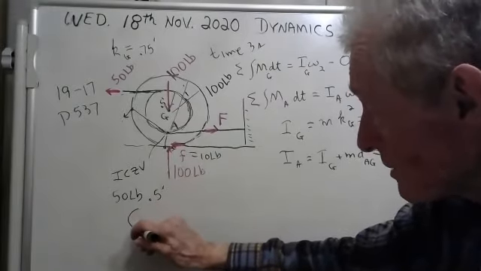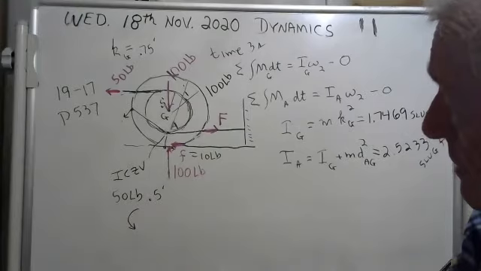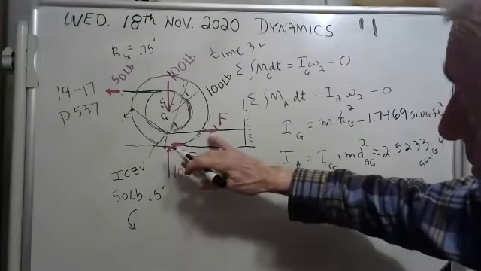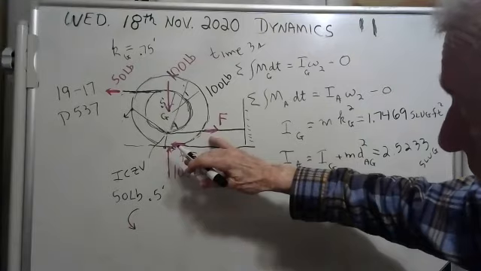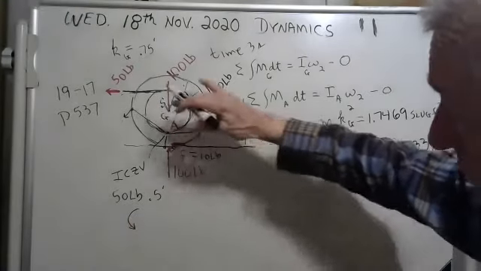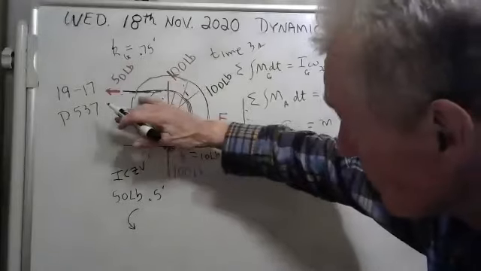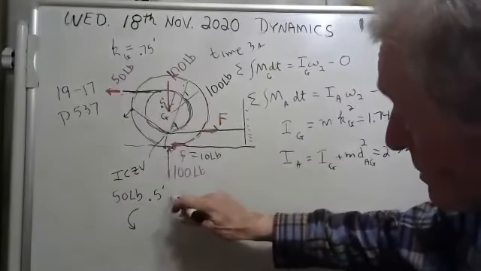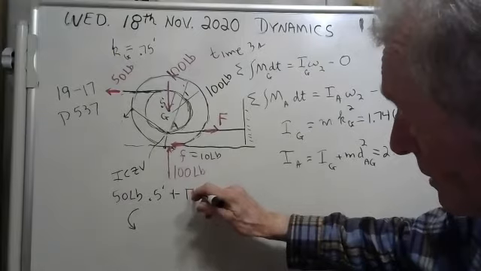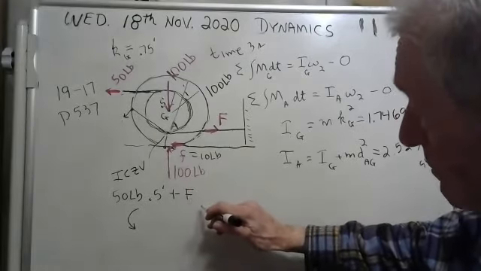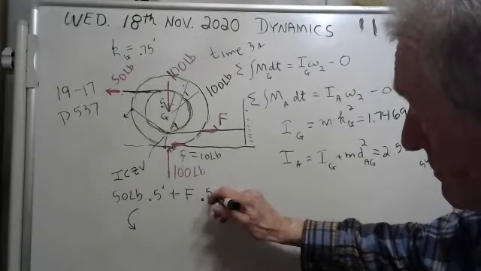We'll do these counterclockwise. And then you have this force of the cord or the string here, but it's also counterclockwise, isn't it? It makes you turn the same way the 50 pounds does. So you would add that. You wouldn't subtract it, you would add it. It'd be F times 0.5 feet.